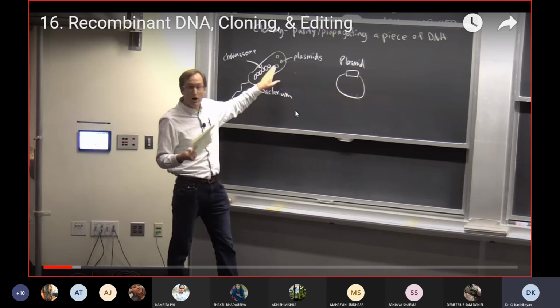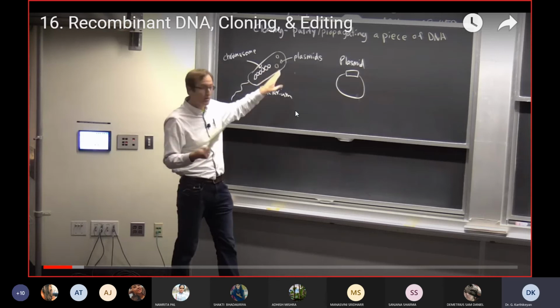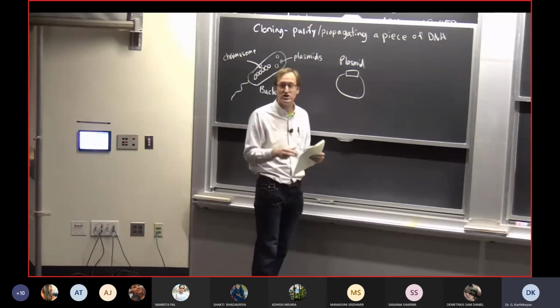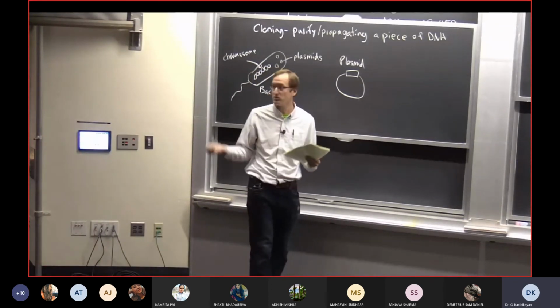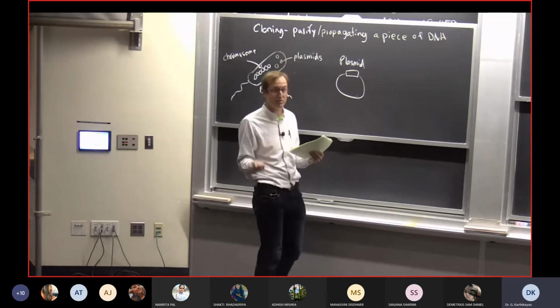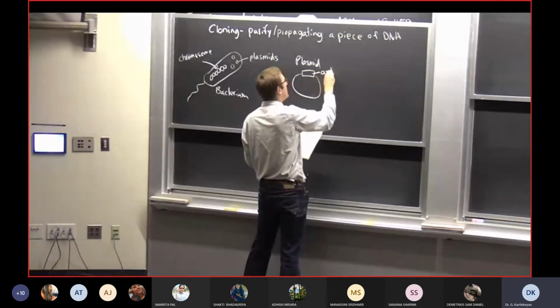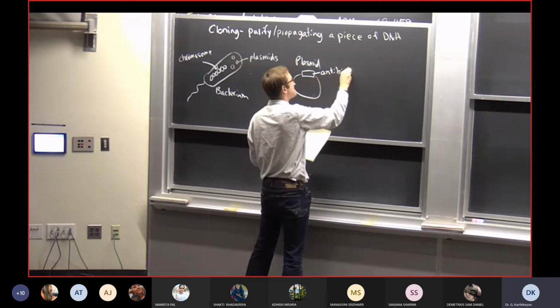So this is just an overview. If you're not able to get everything, don't worry about it. We will be going into details in the coming classes, okay? Bacteria harbor these plasmids because it gives them an advantage if they're exposed to a certain antibiotic from a predator organism. So this would confer antibiotic resistance.